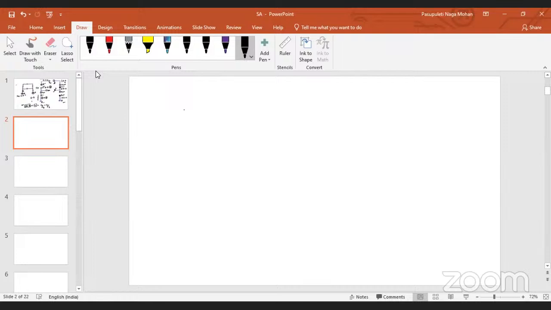In this case, let us start with a simple case. Imagine there is a hinge around this point.